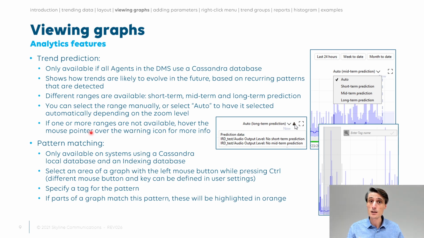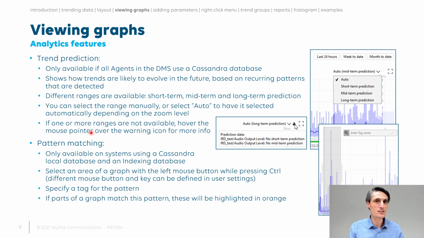And that allows you to actually say, okay, this pattern, if you see that again somewhere in my trend graph, I want you to automatically label that as well, and maybe even generate an alarm on that.